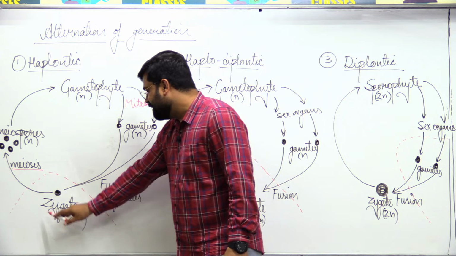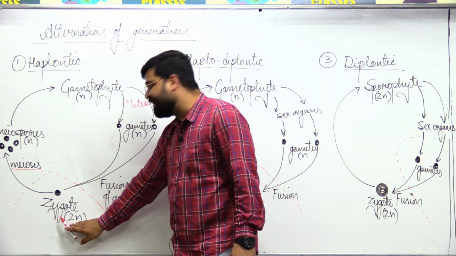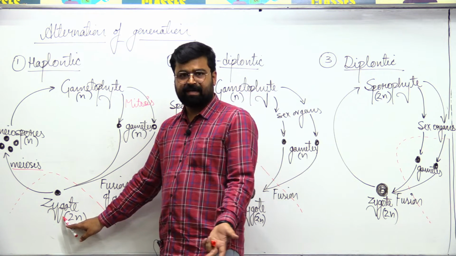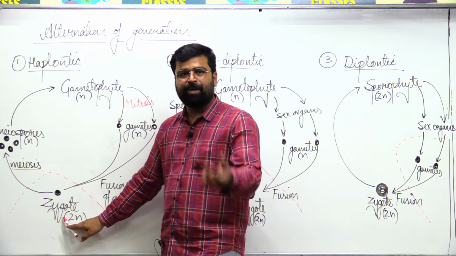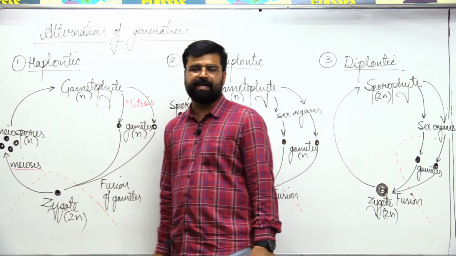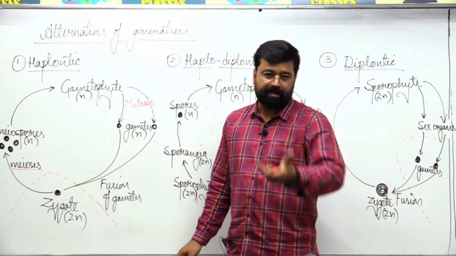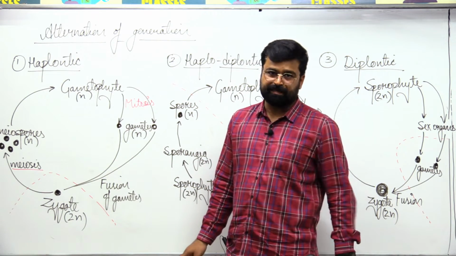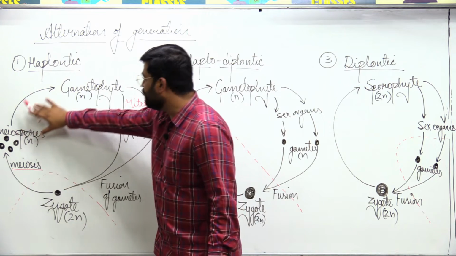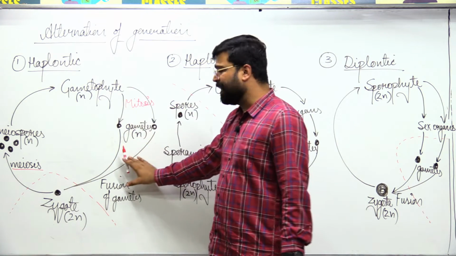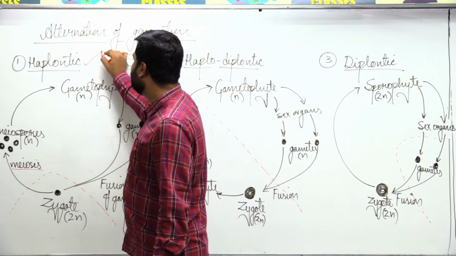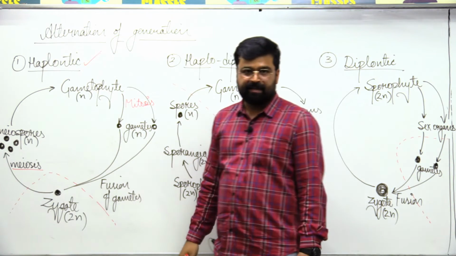Here we can see that the diploid sporophytic phase as such does not exist. The only existence of the diploid phase is in the form of the zygote, and that too for a very short time. That's why most of the time the plant body remains in the haploid phase, the haplontic type of life cycle.